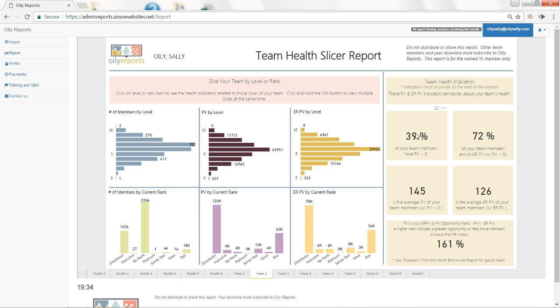Another thing that just popped in my head is that as you know what these numbers are for your team, if you're talking with your leaders, your level ones, and you know 72% of your team is on ER that has any PV, and you've got one leader whose number is 60%, and another one that's 80.